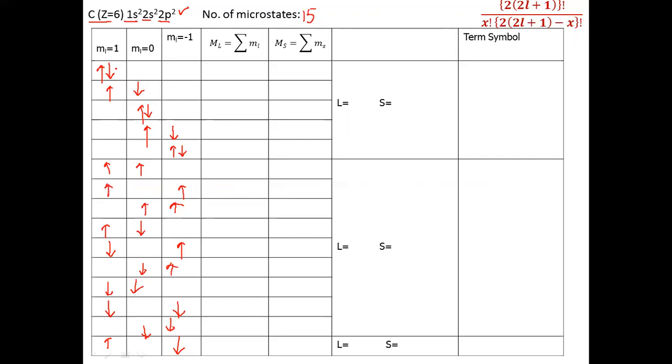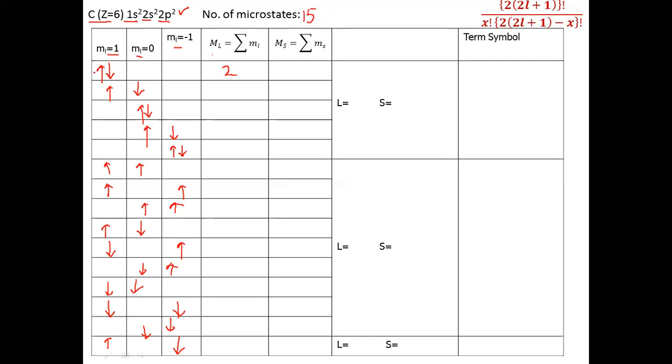For these two electrons ml is +1, for this electron ml is 0, for this electron ml is -1. Now let us calculate one by one. For this, as two electrons are present with ml 1, 2 multiplied by 1 is 2, there is no other electron, so ML is 2.